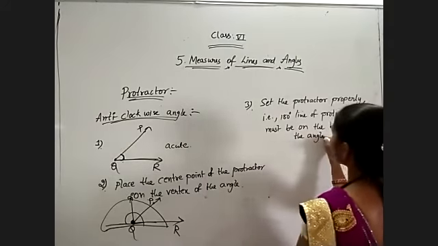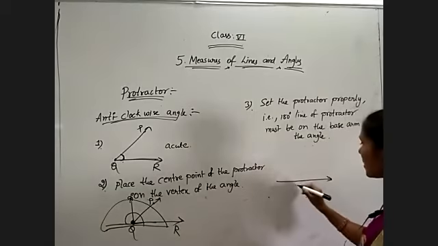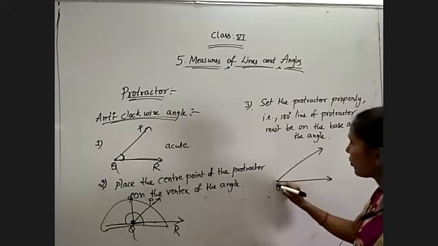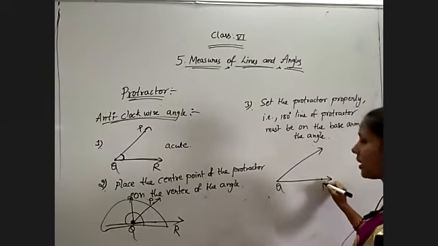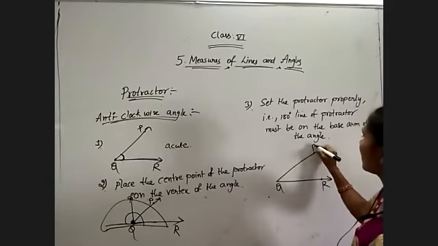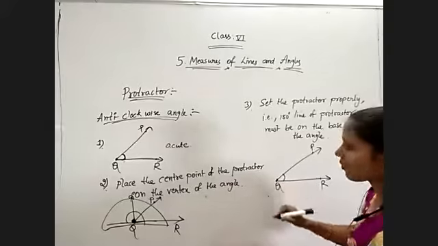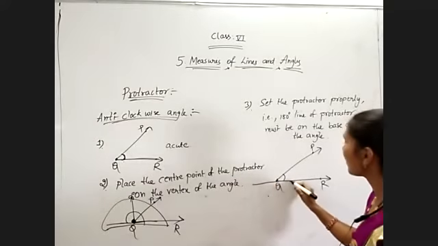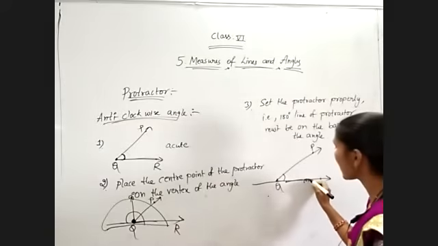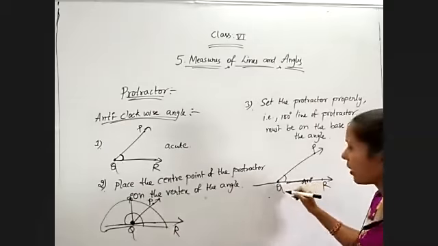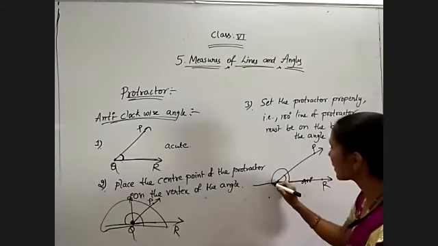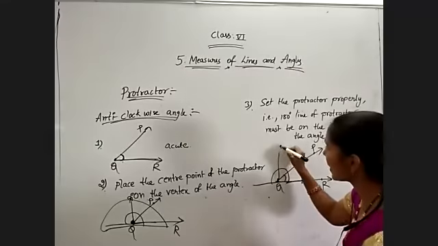So for this, what I am showing, observe this. This is my angle Q. Here I have given R, P. So it is how we are setting now. Set the protractor. This is the 180 degrees or 0 degrees line. Okay. And this is the common vertex, that is 90 degrees.